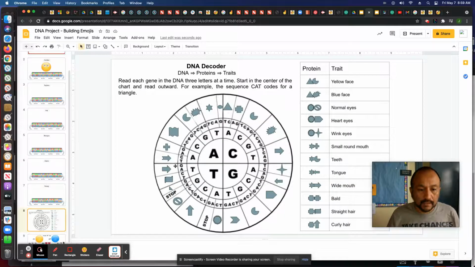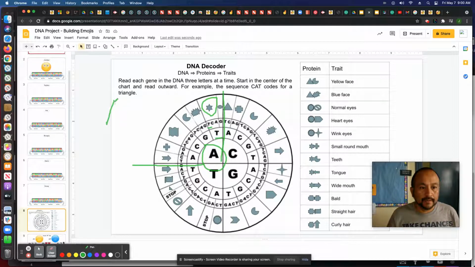And we have ATT. So there's A. We're only looking at this part of the circle. We're not looking at any of this, just here. A, and we're going to go outward. T. Do you see a T? Oh, there it is. And T, which is the star.